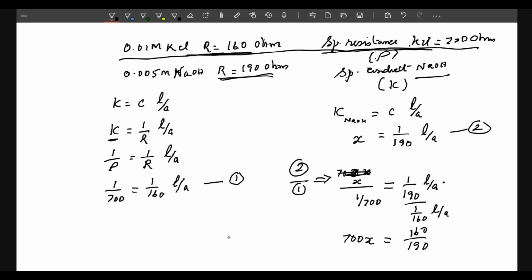This and this cancel. And X value would be equal to 160 by 190 divided by 700. This is the answer. You have to calculate what is the correct answer.